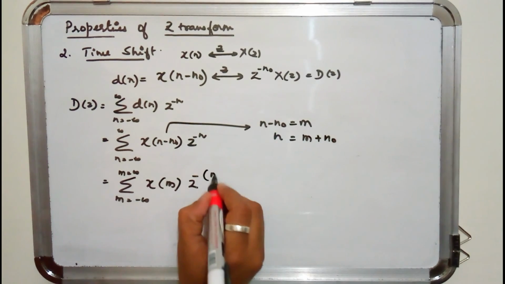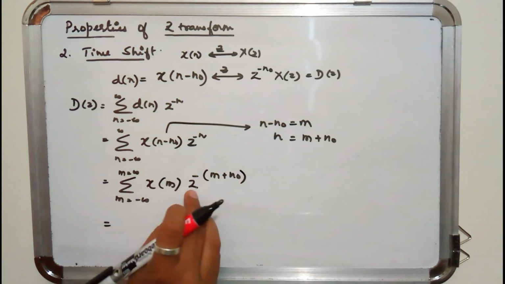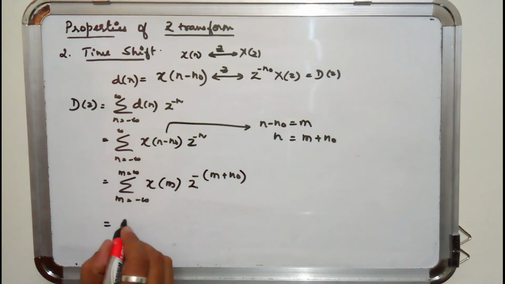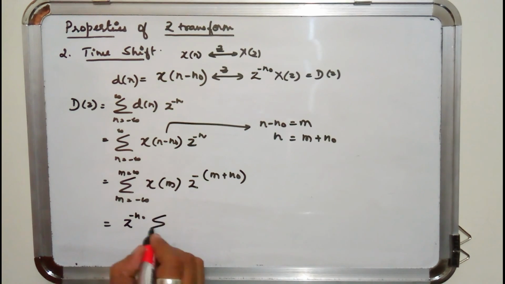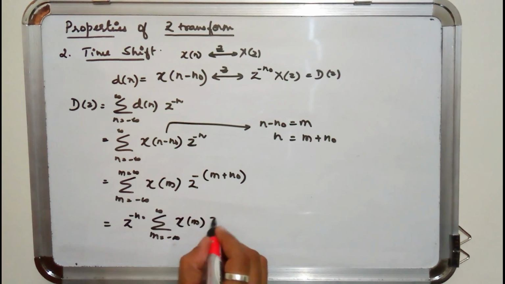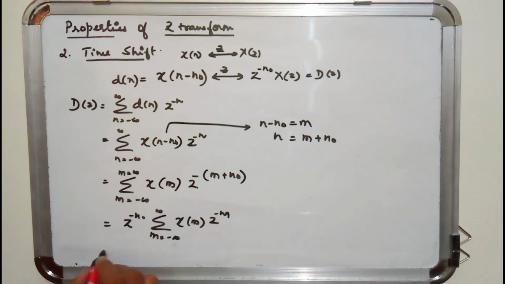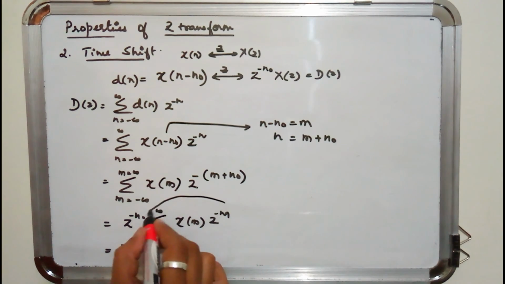So I will be writing m plus n naught. Since the summation is on m, z power minus n naught is a constant, so I'll take it out. Summation m equals minus infinity to infinity x of m z power minus m. So this is nothing but z power minus n naught into what is this summation?